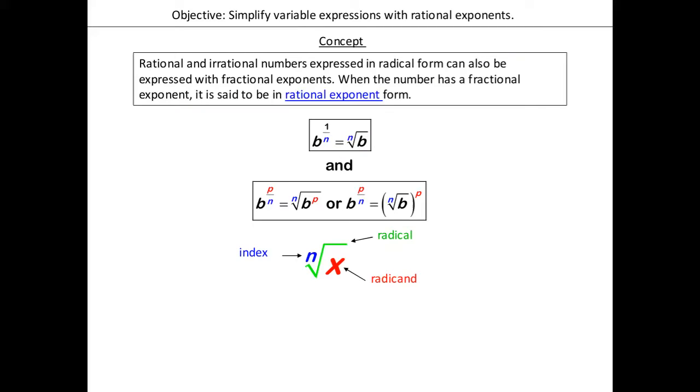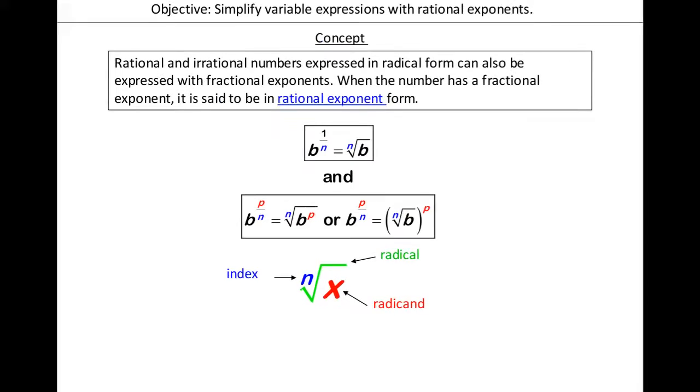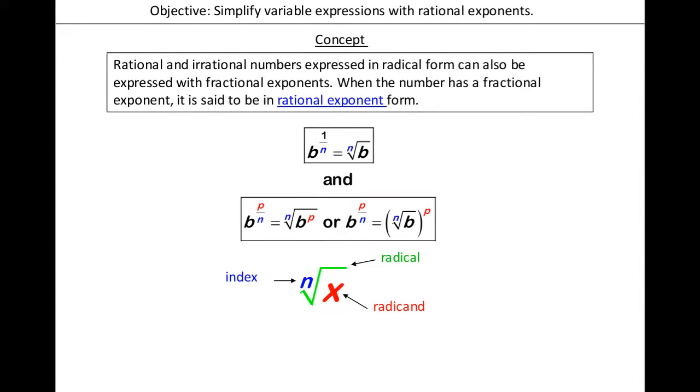All right, so the concept here says a rational and irrational numbers expressed in radical form, like the nth root of b, can also be expressed with fractional exponents.